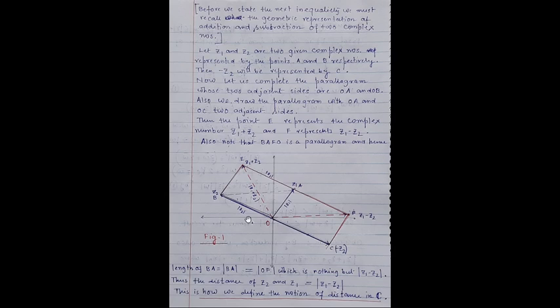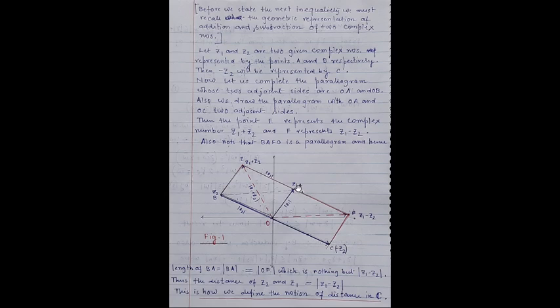The real part becomes negative and comes here, and the imaginary part, which was a positive distance, becomes a negative distance. So if z2 is here, then minus z2 is here. These two distances are the same: OB and OC are the same. You satisfy yourself that this is really minus z2.